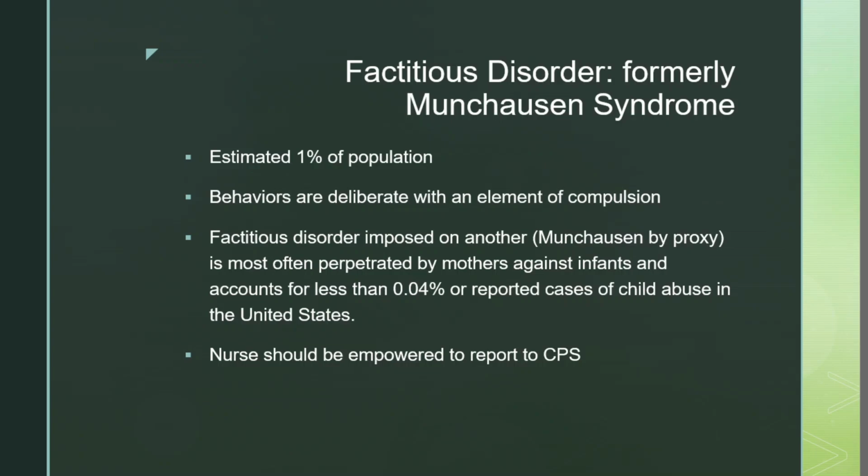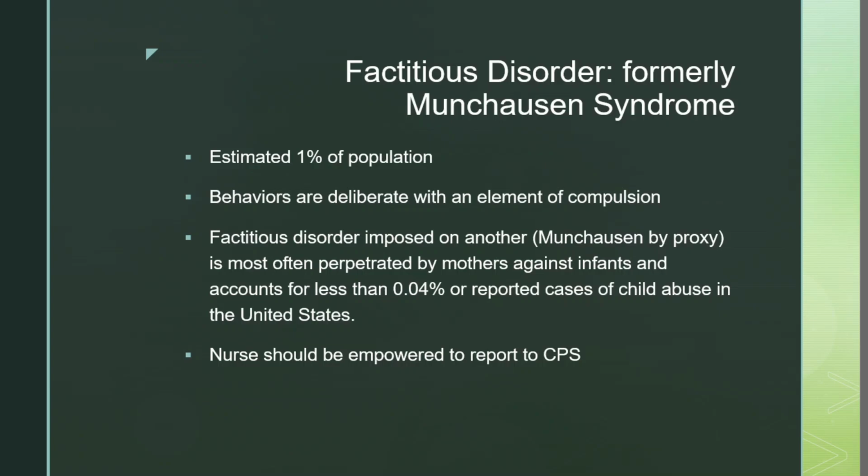Okay, so moving along, we have our factitious disorder, and this was formerly called Munchausen syndrome. There was the late great Baron Munchausen, who was famous for storytelling. So this is going to be intentional lying, intentional storytelling.